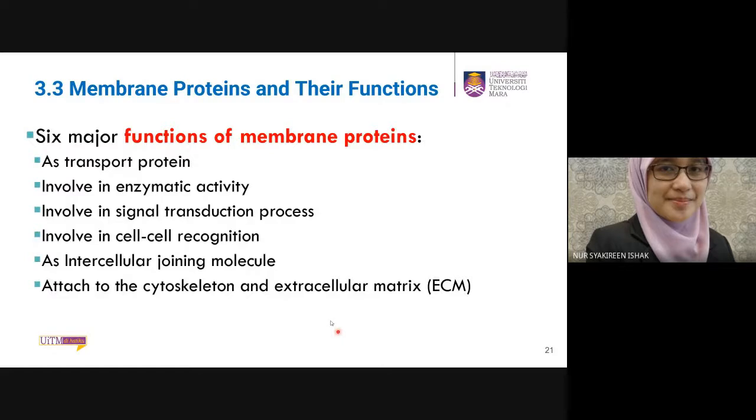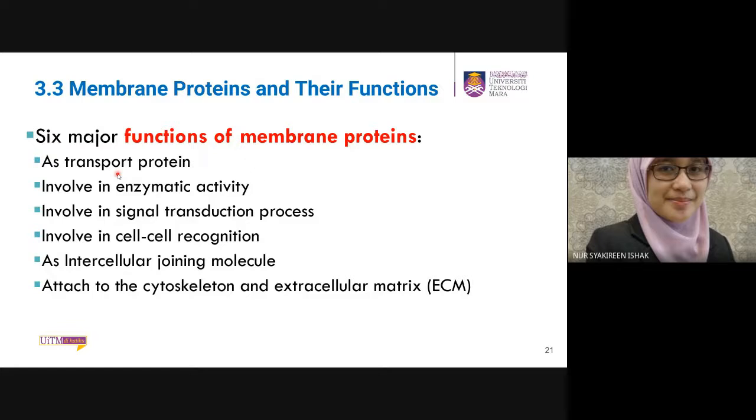So first, it can function as transport protein. Yes, transport proteins are embedded in the membrane, which is the integral protein, and function as carrier protein or channel protein. So you have two types, carrier protein and channel protein. Channel protein is involved in the movement of ions or molecules across the membrane through passive transport, from high concentration to low concentration.